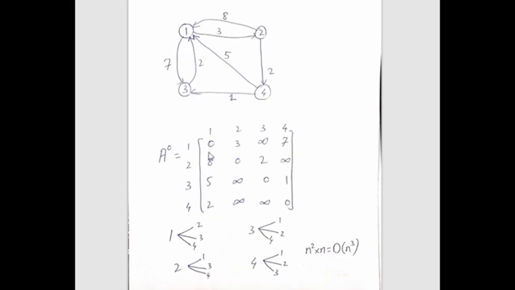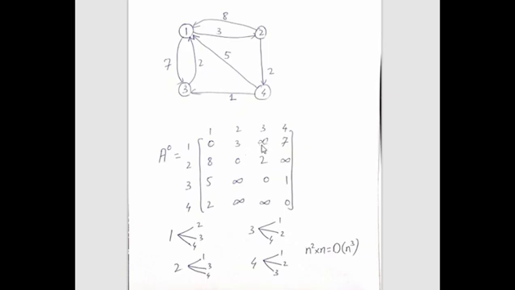Next, understand the problem further. The distance 1 to 2, you can see, is 3, so we have written 3 here. 1 to 3, there is no direct path, right?